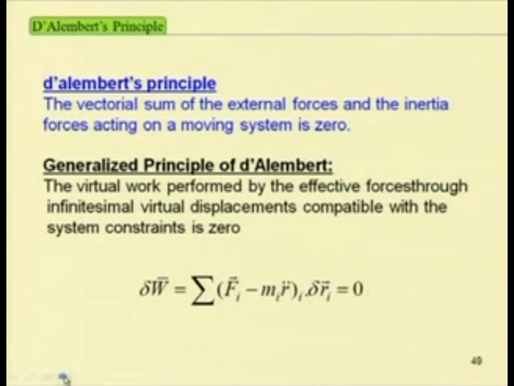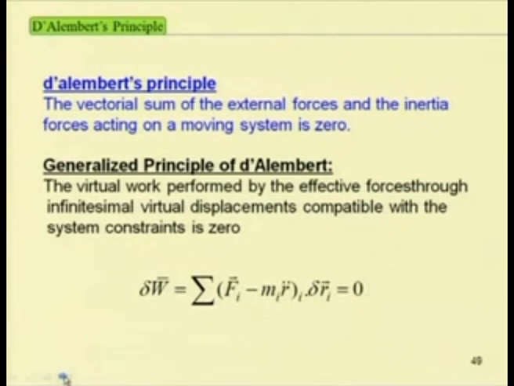So, already we know about D'Alembert principle. It states that the vectorial sum of the external forces and inertia forces acting on a moving system is 0. Now one can use this to state the generalized principle of D'Alembert: the virtual work performed by effective forces through infinitesimal virtual displacement compatible with the system constraint is 0.